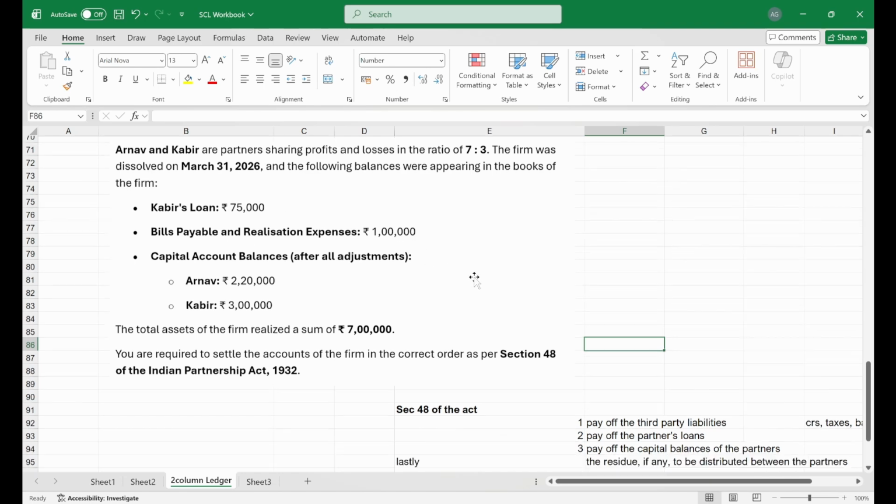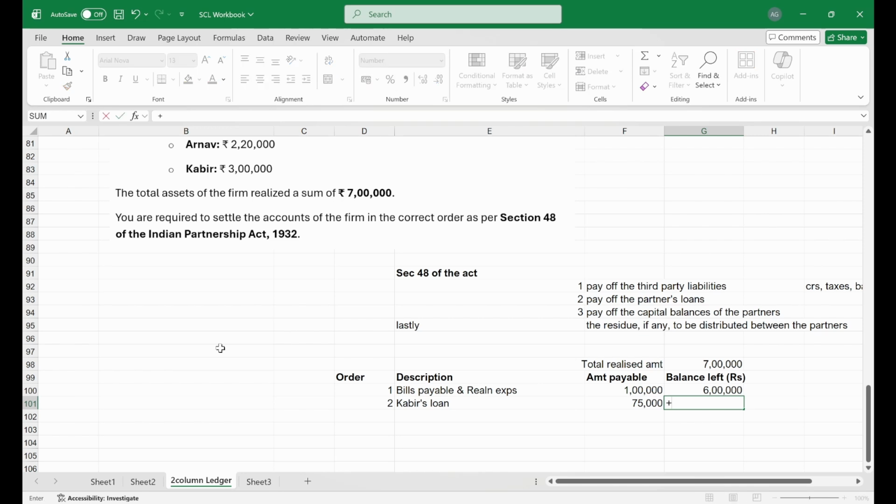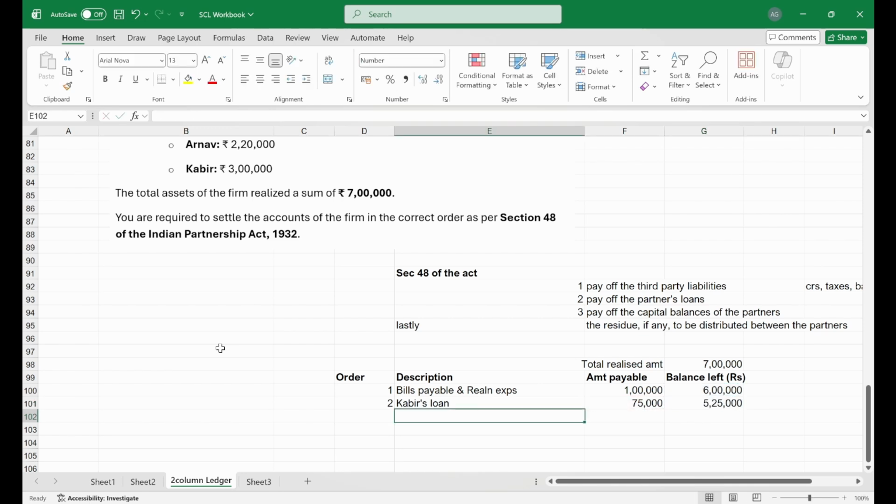So first pay off this 75,000. So that is the order here. Kabir's loan to be paid off 75,000. So from 6 lakhs, how much will be paid more? 75,000 will also go further. So I will be left with 5,25,000. The firm will be left with 5,25,000.